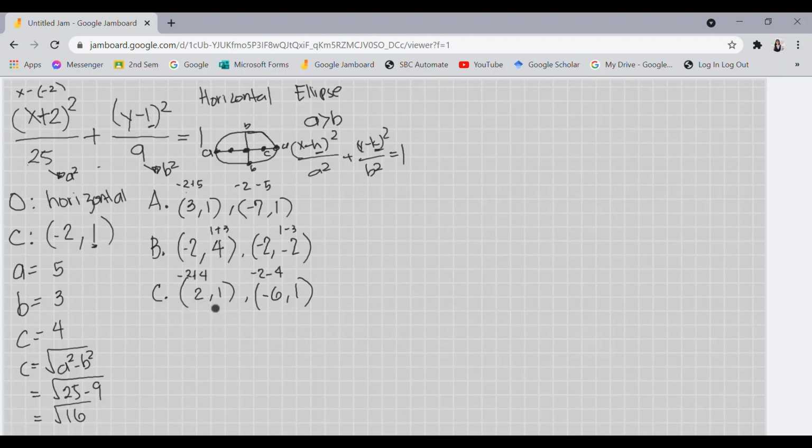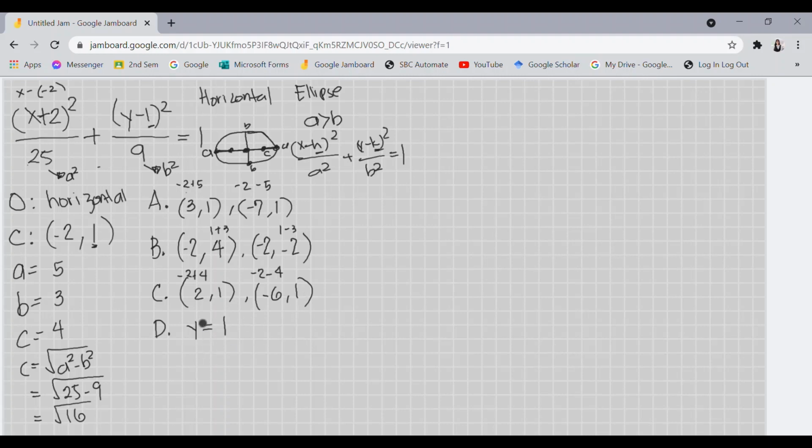Okay, and then, for your major axis, ito po yun, yung horizontal line. So, horizontal line, meaning that is y equals, ano po yung y-coordinate na tatamaan? That is 1. Common points na natatamaan niya or dadaanan niya sa foci at sa vertices at sa foci ay 1 din.